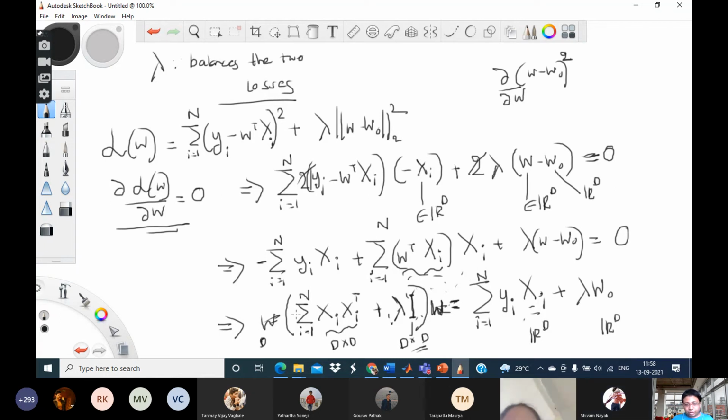So this whole thing is a d cross d matrix. That is, I have just added up all these d cross d matrices to get a d cross d matrix. And W is a d cross 1 vector. So when I do the multiplication, d cross d times d cross 1 gives a d-dimensional real vector, which is the same on the right hand side also.